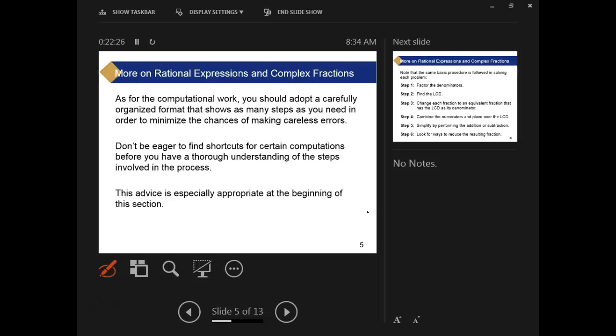Don't be skipping steps if that's going to increase your probability of making one of those careless errors. Take as many steps as you need to make sure you get it right. Don't be eager to find shortcuts. I do that, okay, for certain computations before you have the thorough understanding of the steps involved in the process. So if I start skipping too many steps, say, whoa, hold up, how did you get there? This advice is especially appropriate at the beginning of this section, and I guess we'll see why, okay?